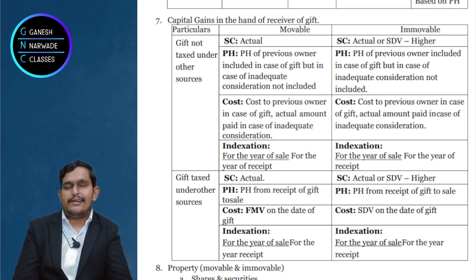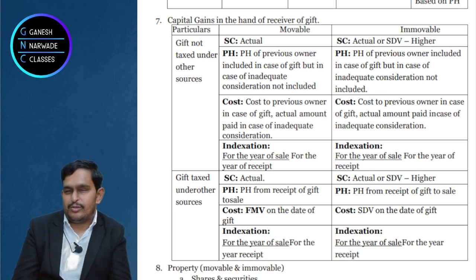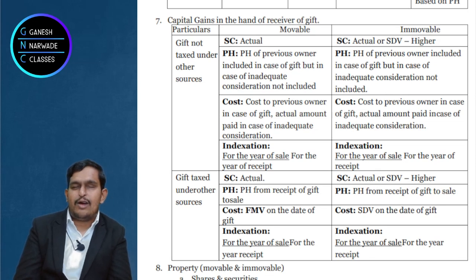That gift was taxed under income from other sources to you. Clear? Now the situation is clear to you. Now you sold that outside. So now, if it is movable property, then whatever sale consideration you got, that is your sale consideration minus transfer expenses actual, net sale consideration you can easily arrive at.